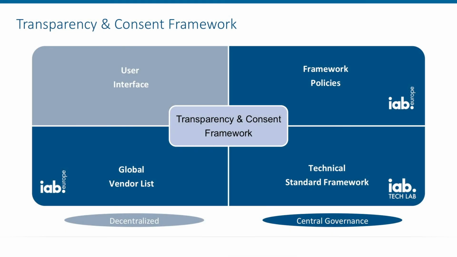Okay, so as Matthias mentioned, there are a number of parts to the framework. From the way that I think about it, there are really 4 main parts, and we'll talk about a 5th new part a little bit toward the end. But the first one is the disclosure UI and that set of JavaScript APIs around that user interface, which is a decentralized concern. The second one is a global vendor list. We'll talk about the importance of that. That's managed by the IAB EU.